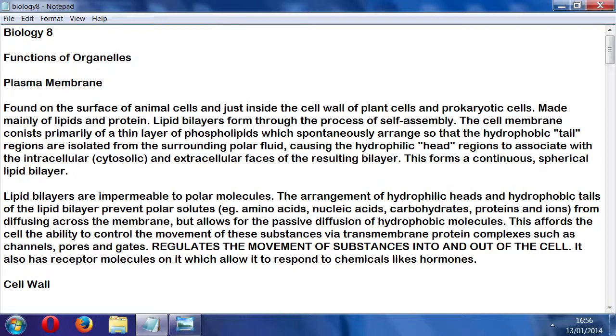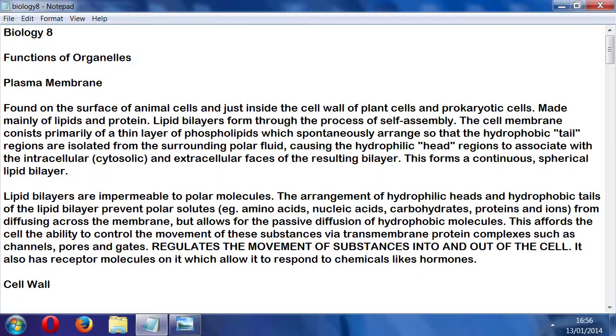So the first organelle we're going to consider is the plasma membrane. And the plasma membrane is found on the surface of animal cells and just inside the cell wall of plant cells and prokaryotic cells. It's made mainly of lipids and protein. Lipid bilayers form through the process of self-assembly.